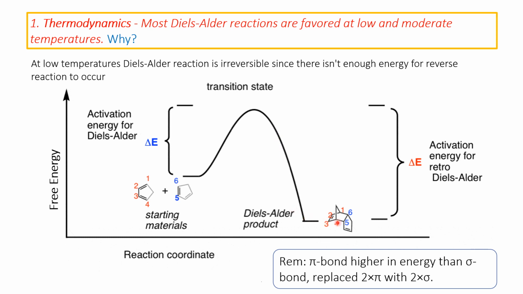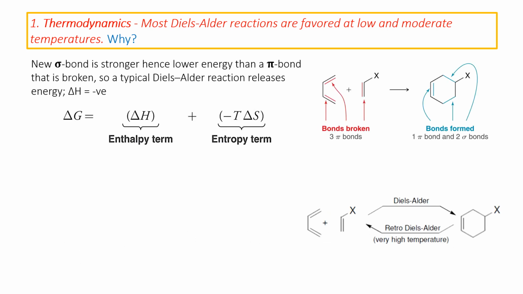Why? Because this is enthalpy driven, because we've lost pi bonds, which are higher in energy than the sigma bonds that we gained. Exothermic, then of course the free energy is negative, i.e. spontaneous.